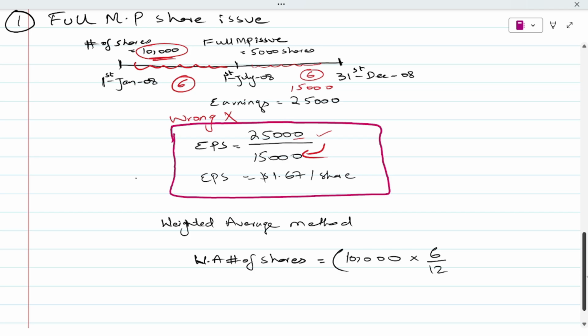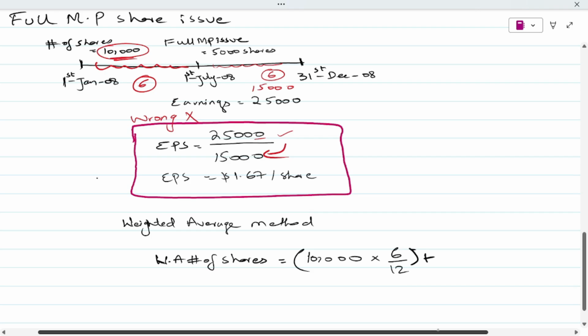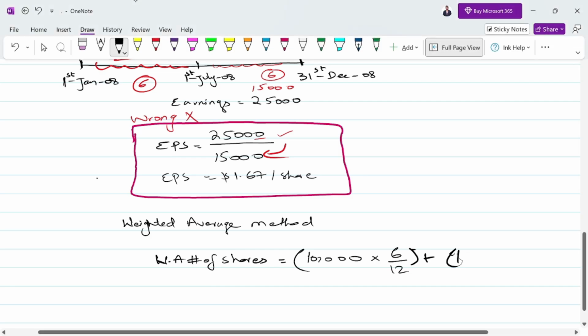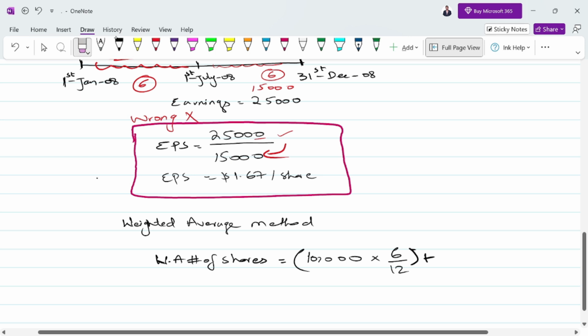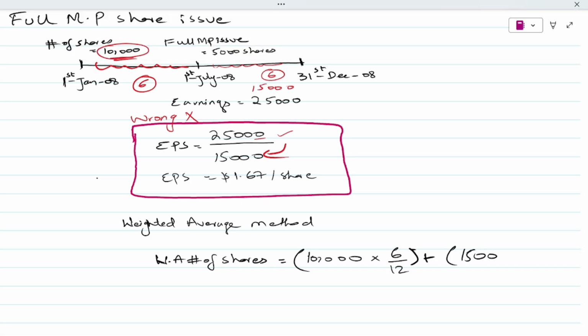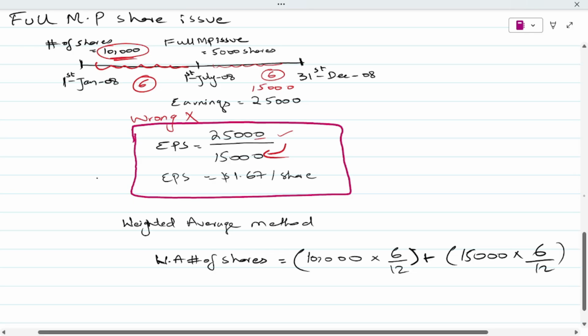And then I'm going to add this to 15,000 shares, because in the next 6 months, from 1st July to 31st December, we have 15,000 shares in issue: 10,000 previous and 5,000 more. So I'm going to write over here 15,000, that's the number of shares, times 6 over 12, because those were again only for 6 months.